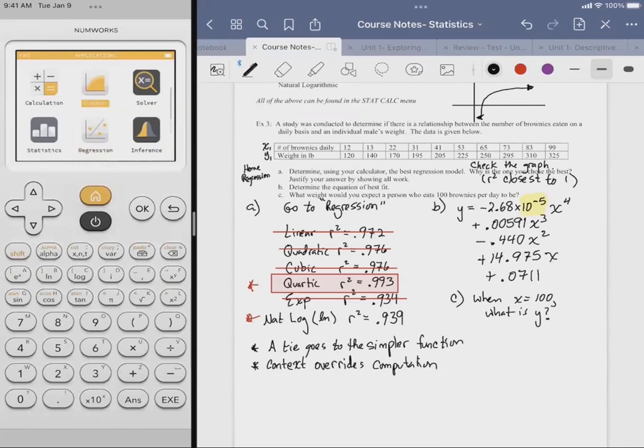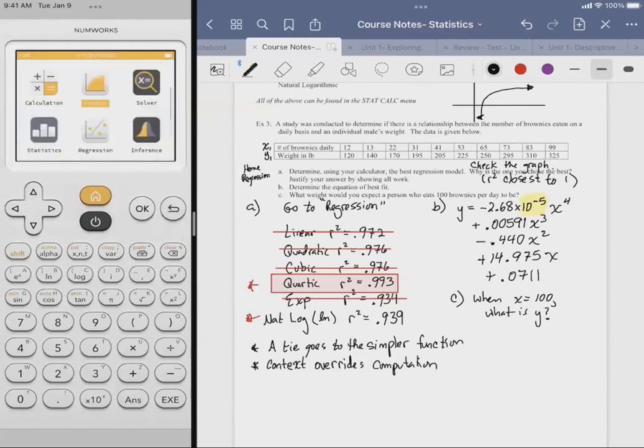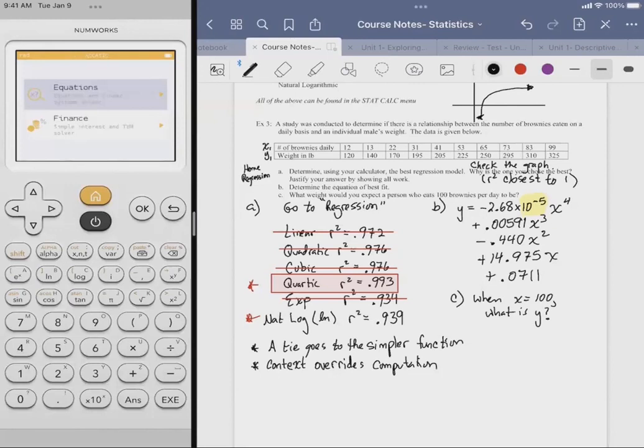Yeah, there's a way to do it with the solver also. Maybe I'll do it with the solver. No, that's only going to work with linear systems.